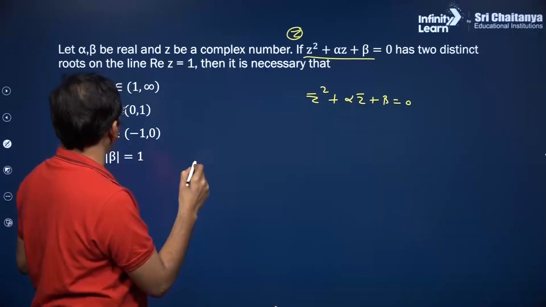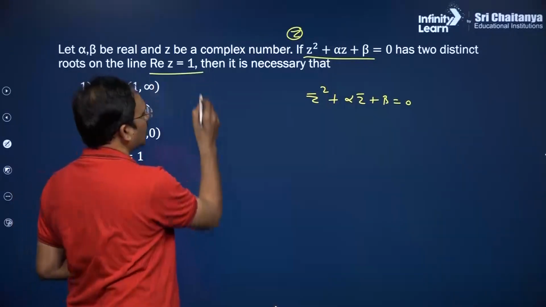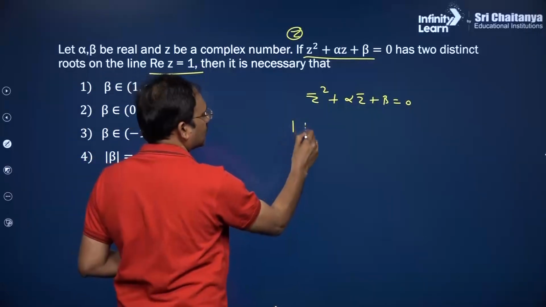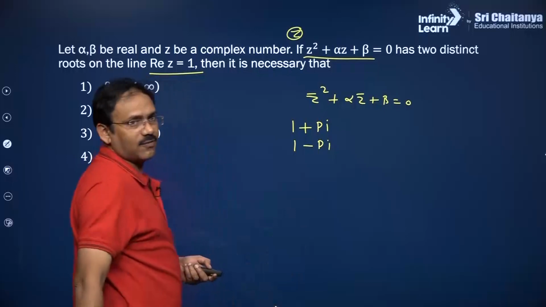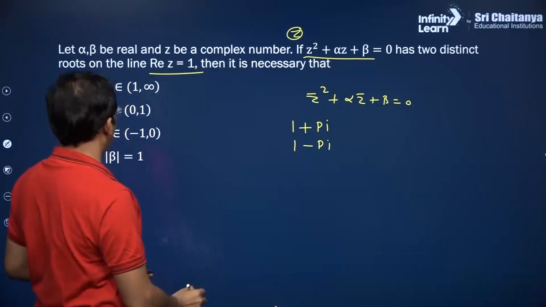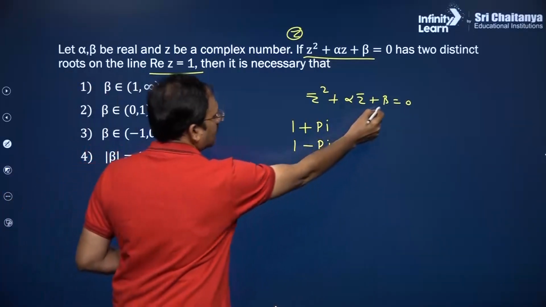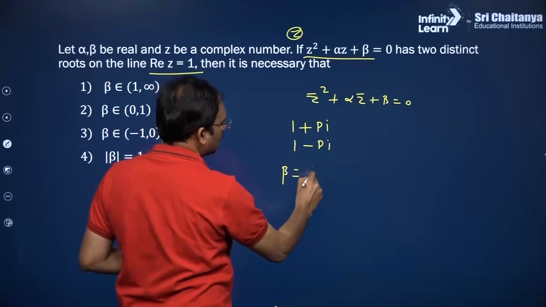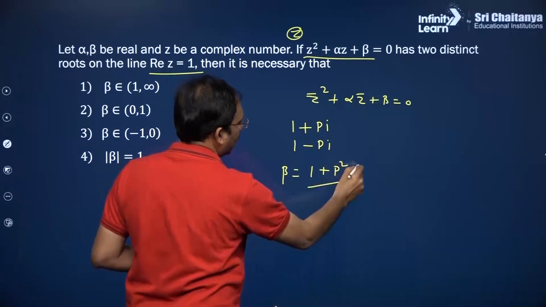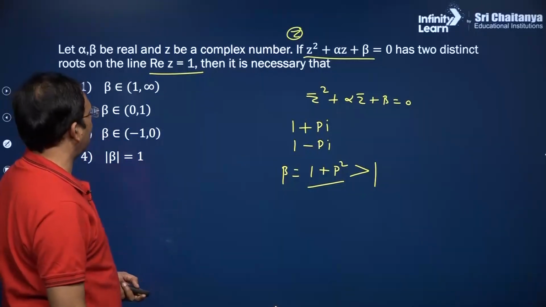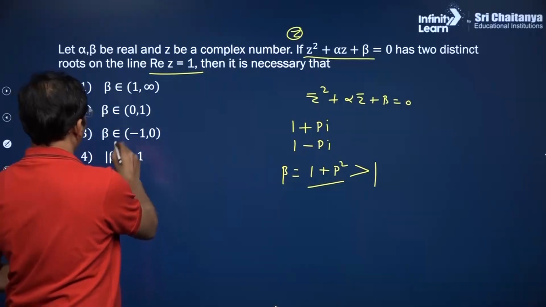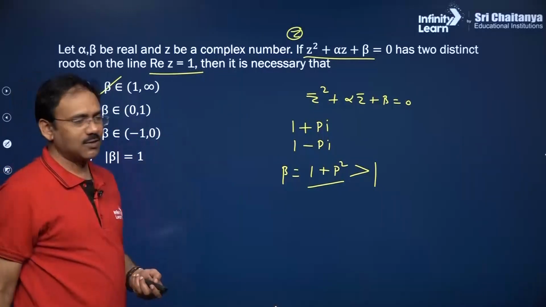It has two distinct roots on the line, real part of z is 1. That means if the first root is 1 plus ip, the second root must be 1 minus ip, my dear friends. Now he is asking about beta, which is the product of the roots. Beta is equal to 1 plus p square, which must be greater than 1, my dear friends. So we can say 1 to infinity, open, is the answer.